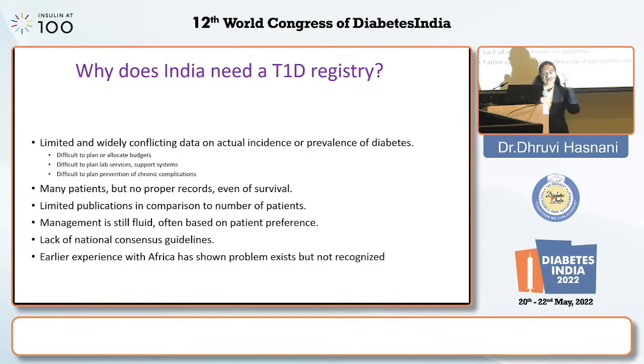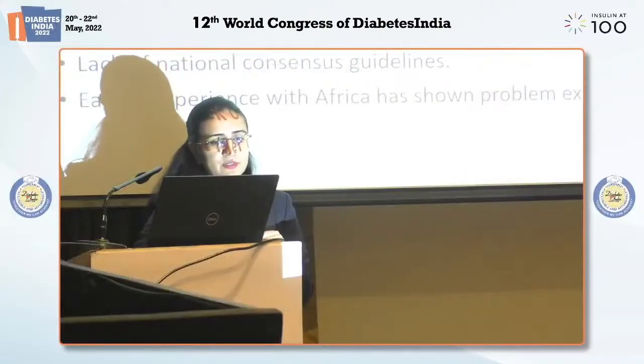So that is the support system we also have to build up, and we have to train the people who are going to do the data entry, and explain to them the importance of the parameters that they are filling up. Any one parameter filled up incorrectly is going to affect the analysis that we are doing. So all of these are something that we have to address, and these are also some of the leading examples of why we need a type 1 registry.